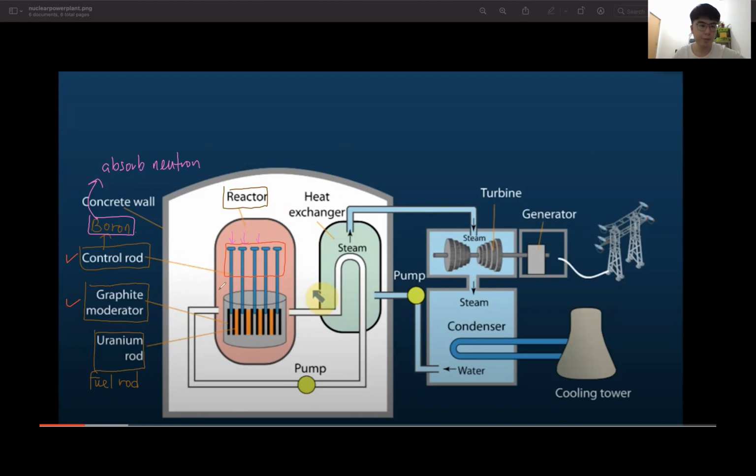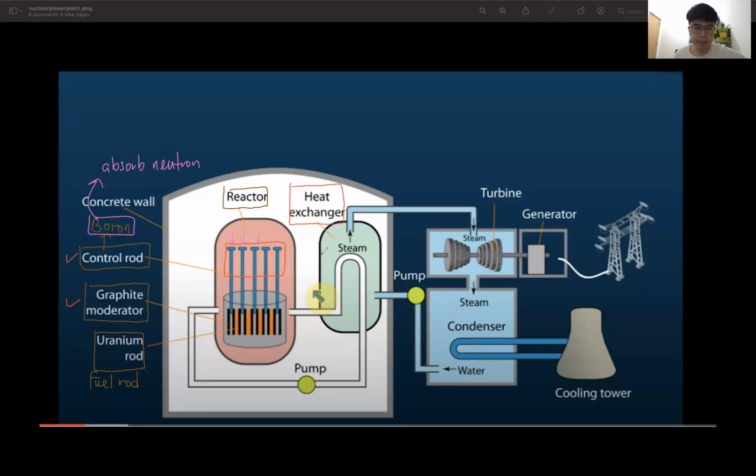Now in the reactor, they generate a lot of energy. So what is this energy used for? The whole purpose of the reactor is to generate heat energy, and then the energy is used to boil the water in the heat exchanger.